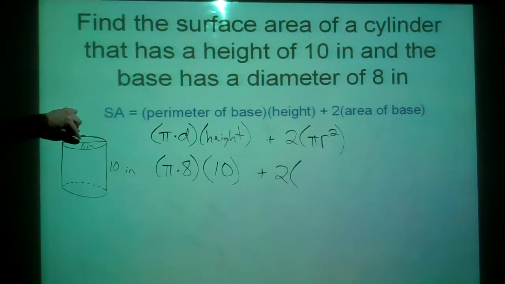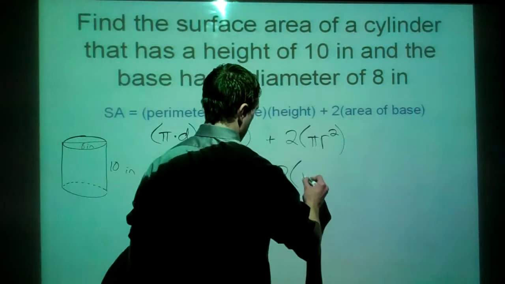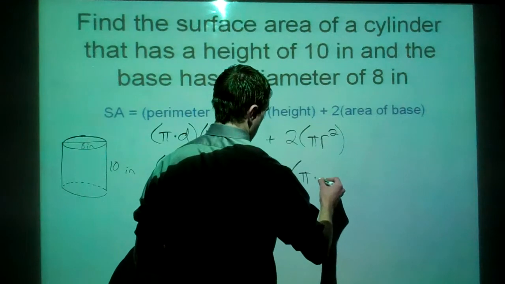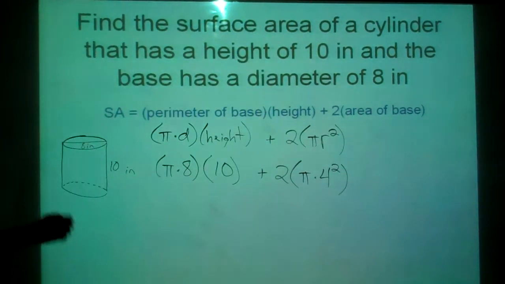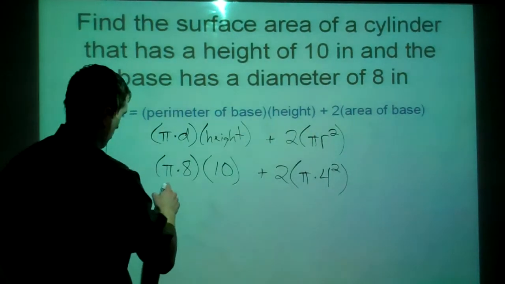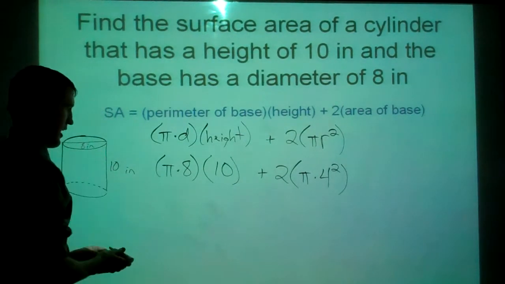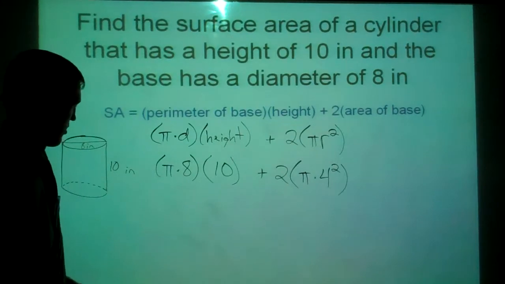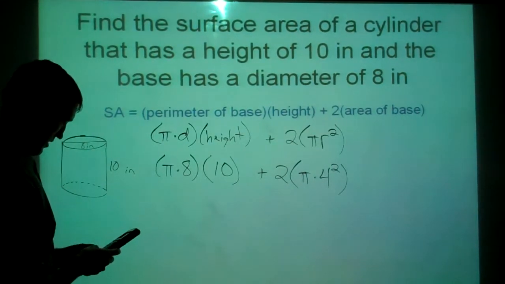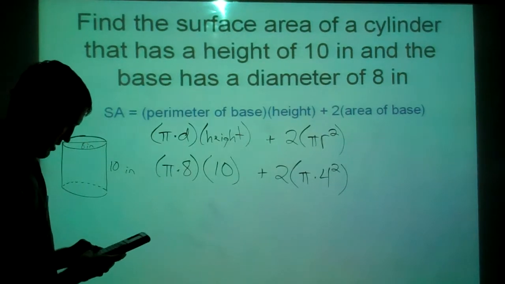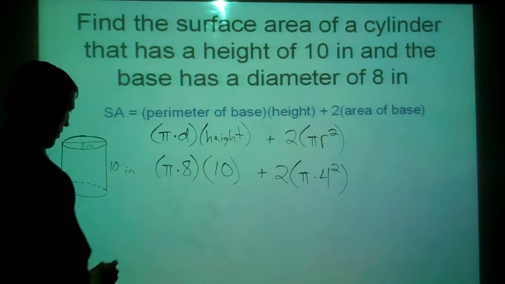Now remember, this is our diameter, our radius is half of that, so that's 4. Okay, so we've got 3.14 times 8 times 10, and I'm going to do all that right now. 3.14 times 8 times 10, and that's 251.2.